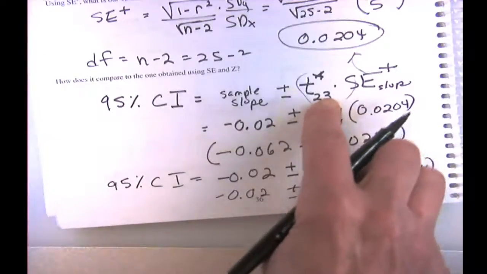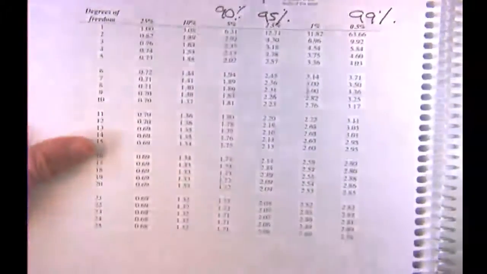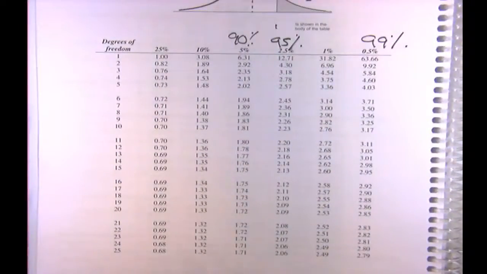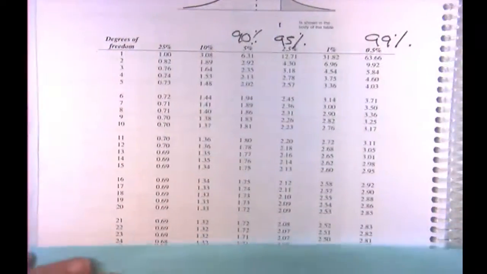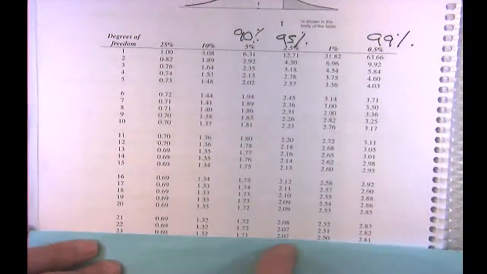So let's just look at the t-curve so we can understand it a little better. Let's go back here and look at that. Here's the normal. Now here's the t on page 156 in your books. And so we were looking at this line with 23 down here. And how did we choose 2.07?